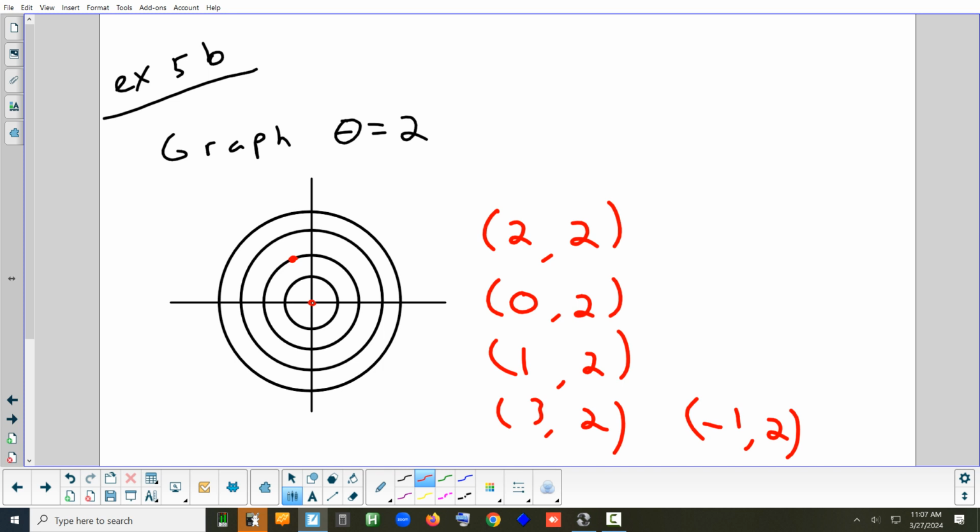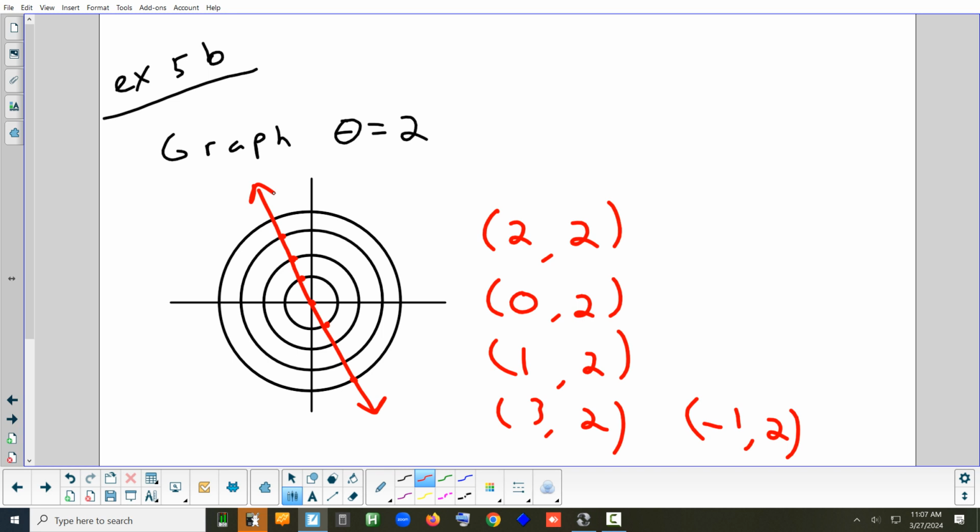If we go (1, 2) radians, (3, 2) radians, we're getting all of these. But if you don't do a negative radius, you won't get the other side of your line. So (-1, 2), and then rotate a little bit more than 90 degrees clockwise. Right about there. (-4, 2), and then rotate a little bit more than 90. Right about there. Okay? So that's the line that we do.